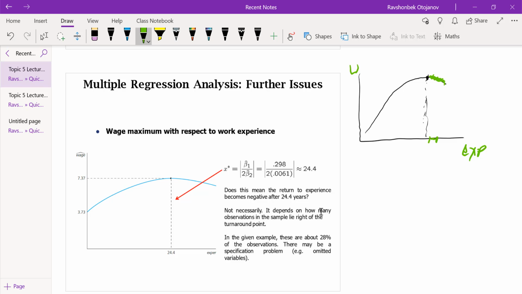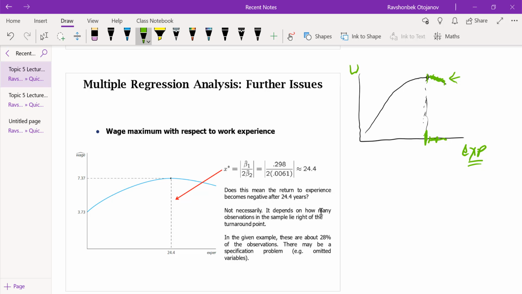So we would need to find the turning point, or the experience corresponding to the turning point, and we would then be looking at the values of experience up to that point. Beyond this point the values of experience will not add much apparently. It basically is going to give us a negative marginal return, so we will be ignoring that part. So how do we get that?